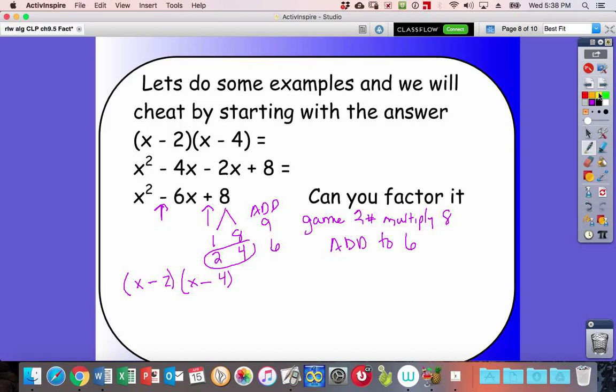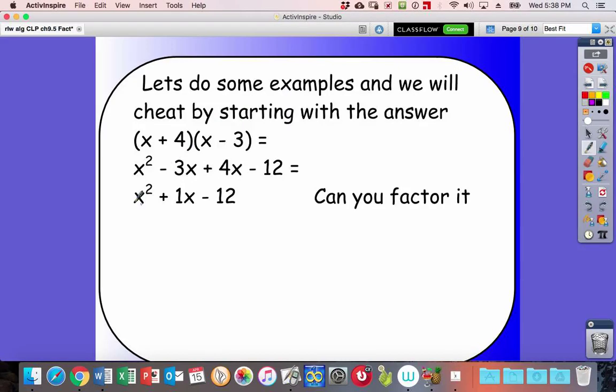Okay, let's try another one. Okay, here's my guy, and I'm going to say, okay, what's my game? My game is two numbers that multiply to 12, and now I'm looking for a difference of 1.